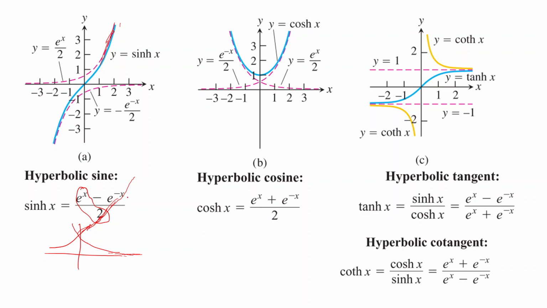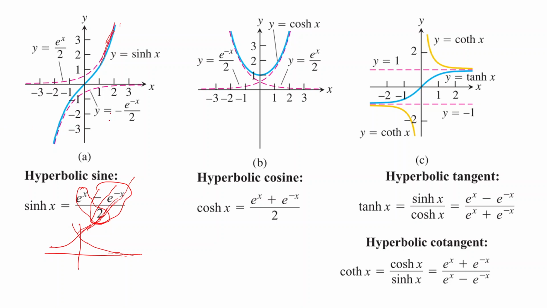And towards the left-hand side, what will be dominating? The dominating term will be e power minus x, or in fact minus e power minus x will be dominating. E power x will become almost 0 towards the left.